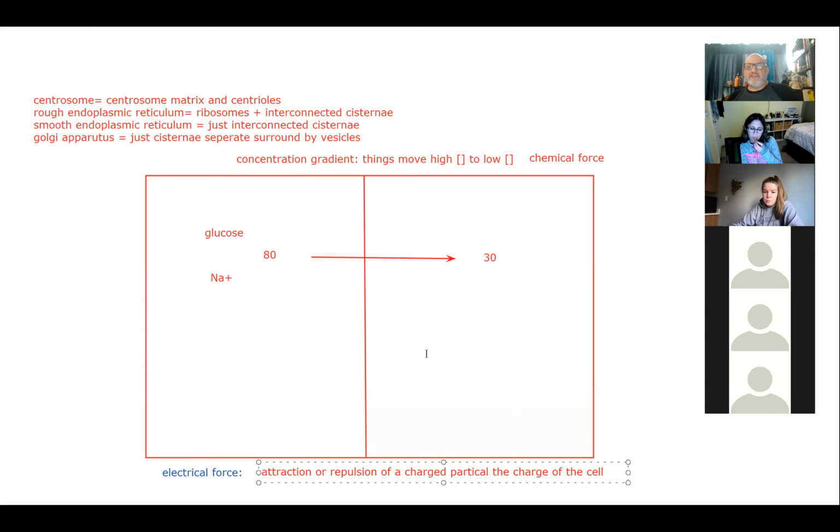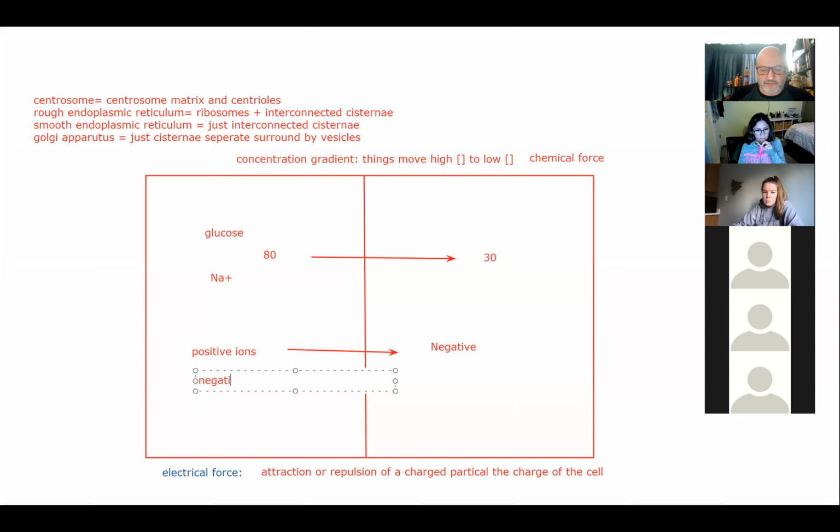So if a cell, for instance, is negative on the inside, then positive things are going to be attracted towards that negative, whereas negative things are going to want to move away from that negative charge, because opposites attract, and positives don't like positives, negatives don't like negatives.